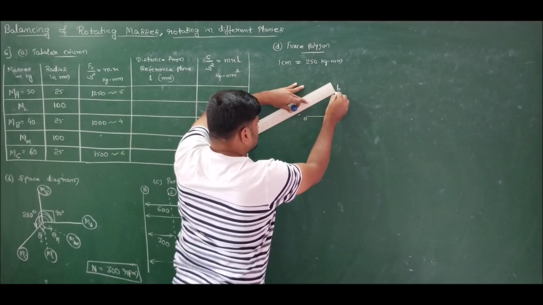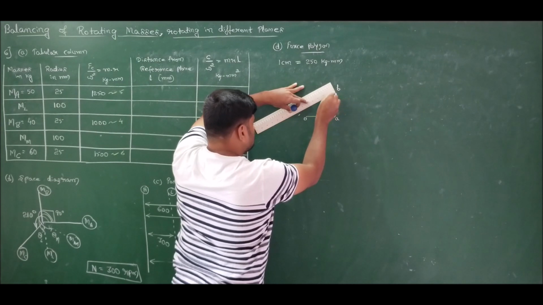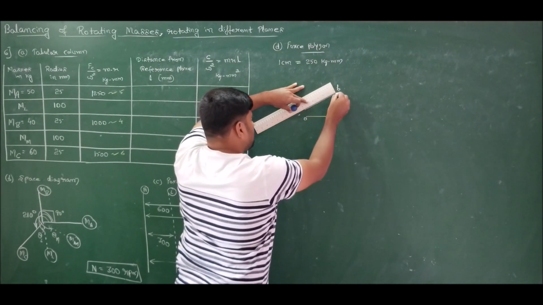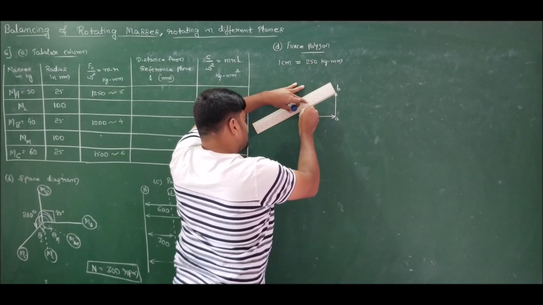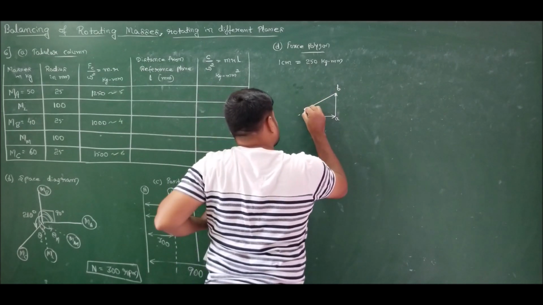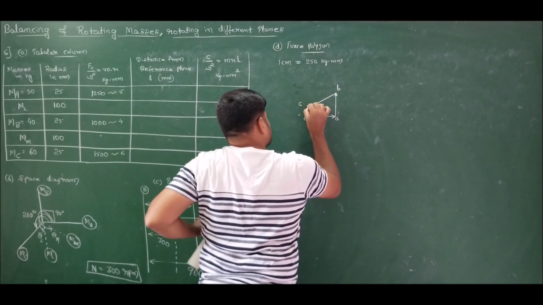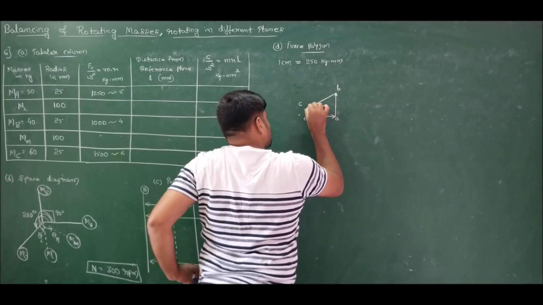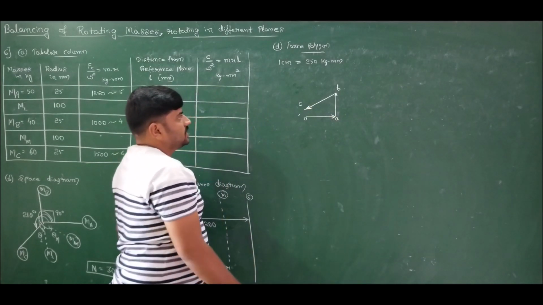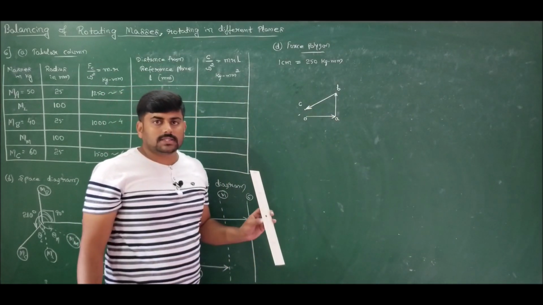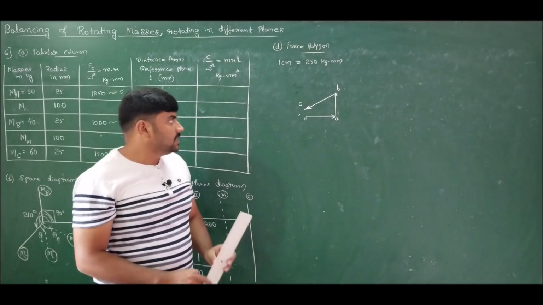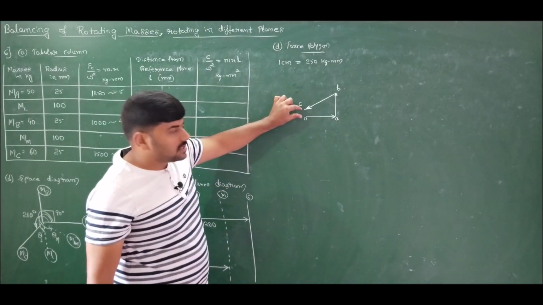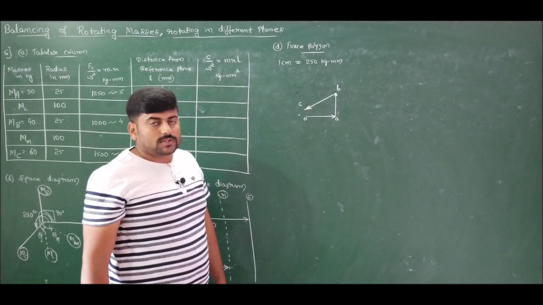You can see it is not closing. Drawn 6 centimeter. You can observe the polygon is not closing. This is point C. So this is not a closed polygon, therefore it is not statically balanced. This closing side will give us the unbalanced force.